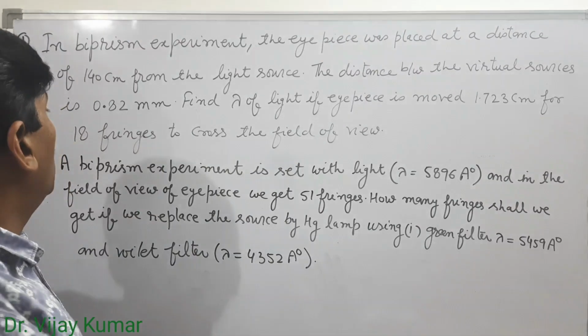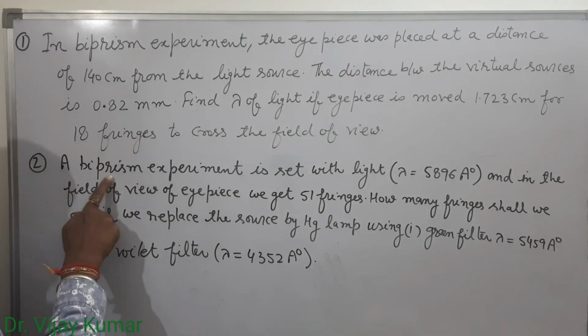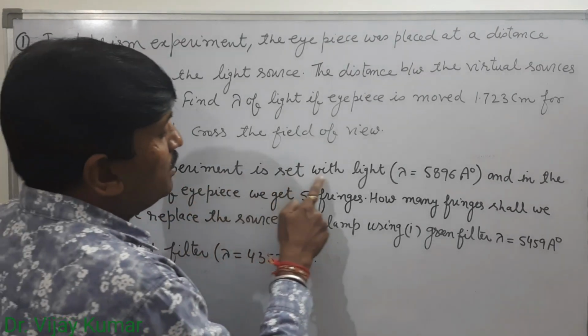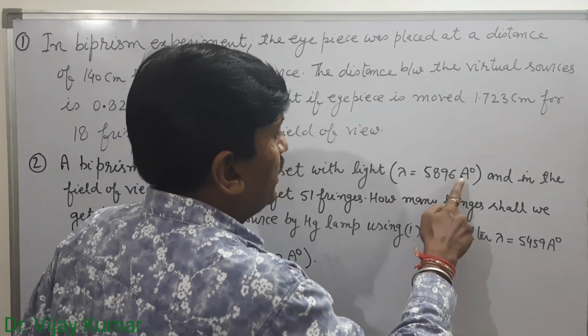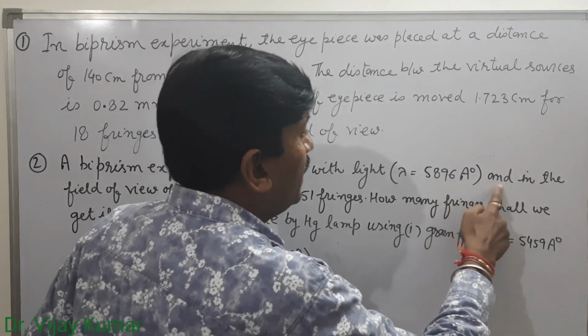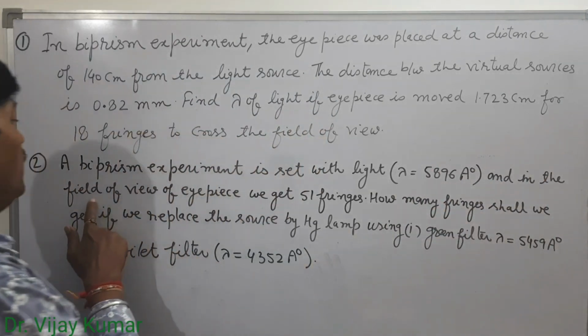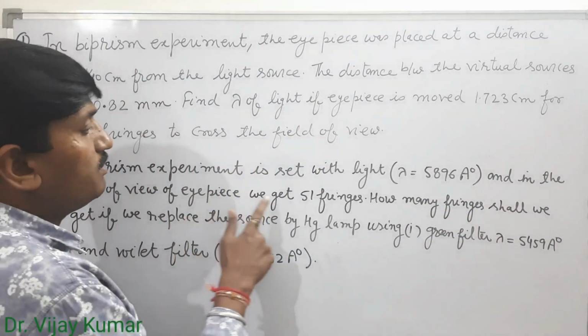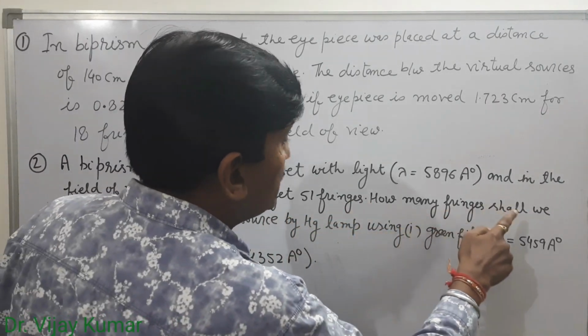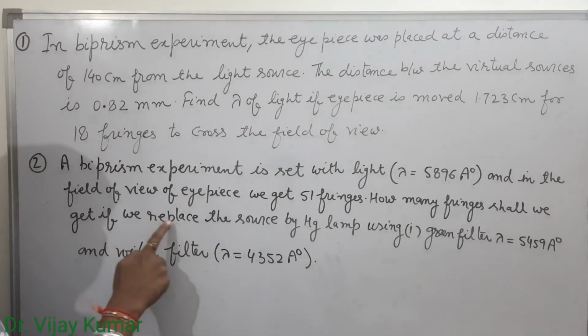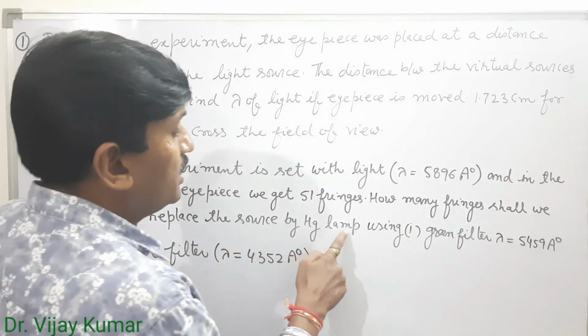This is one. And second: a biprism experiment is set with light lambda equal to 5896 angstrom. This is the wavelength of light, and in the field of view of the eyepiece we get 51 fringes. How many fringes shall we get if we replace the source by a mercury lamp?